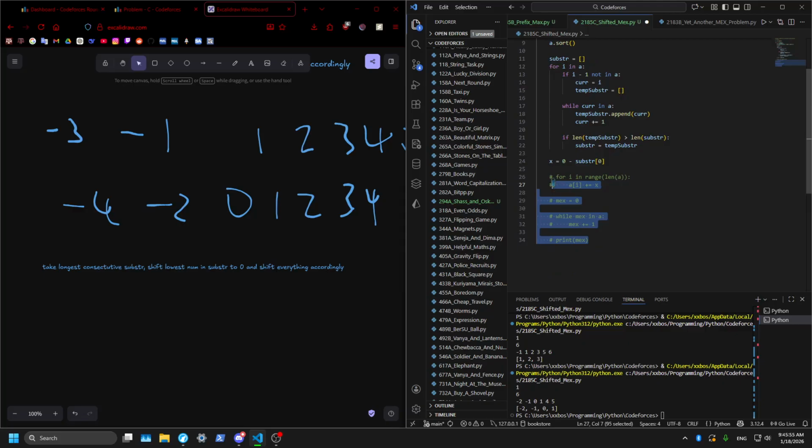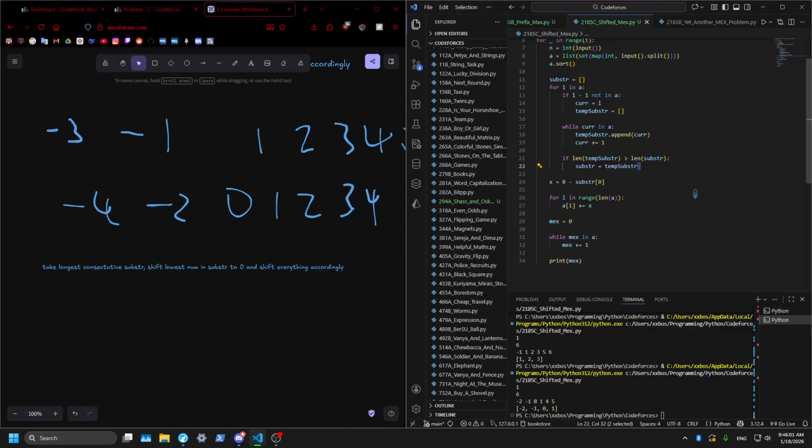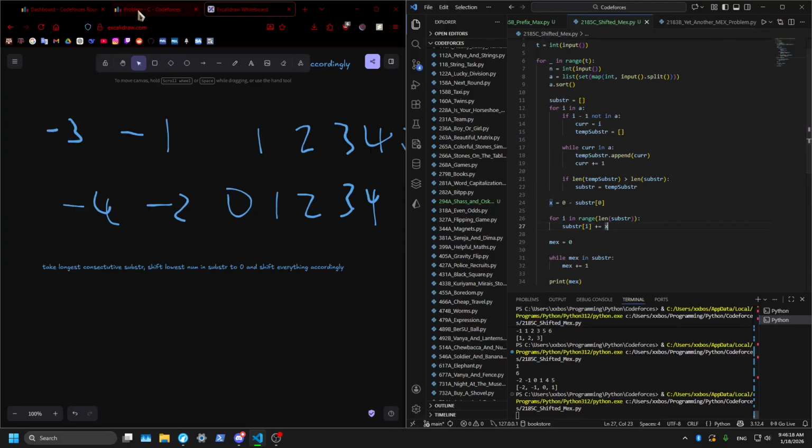Now, the rest of this should just be the same, right? It would follow the same logic. Instead of A, it would be substring. This should be the answer.